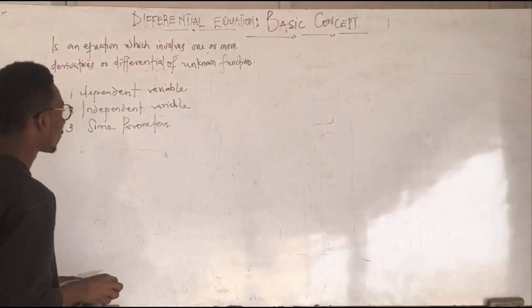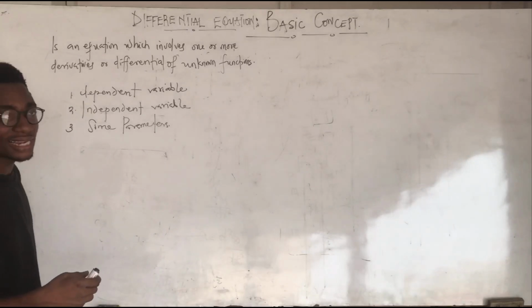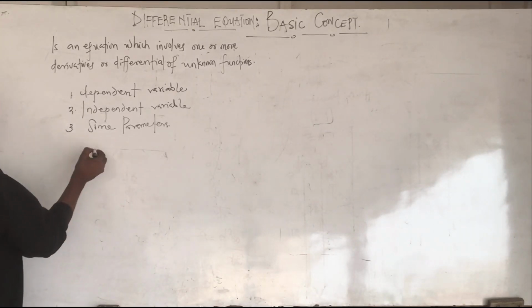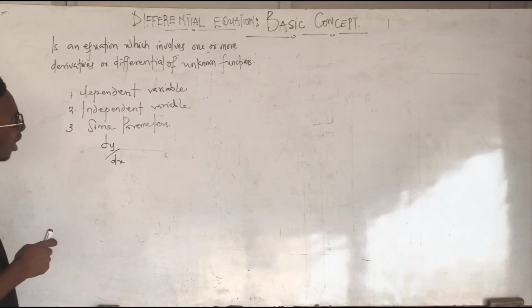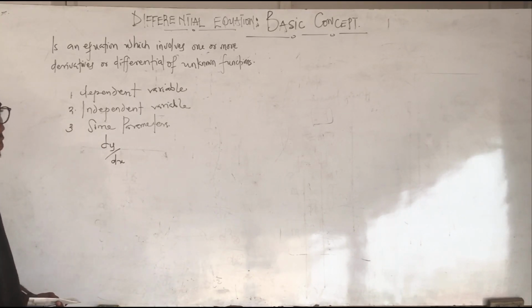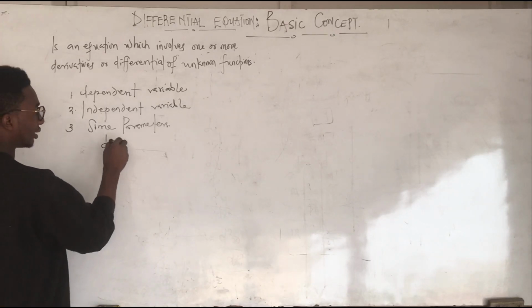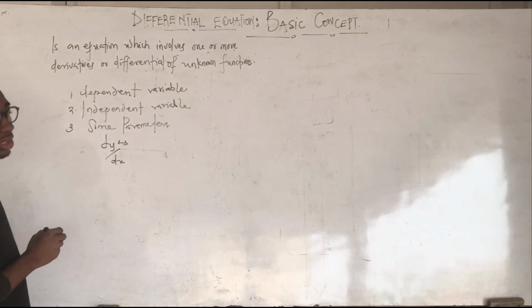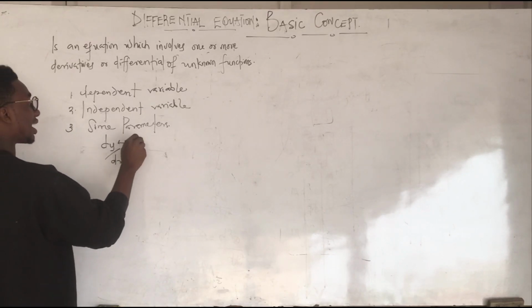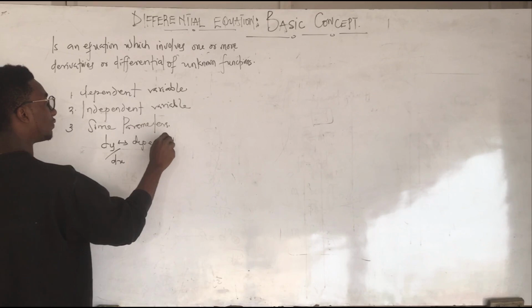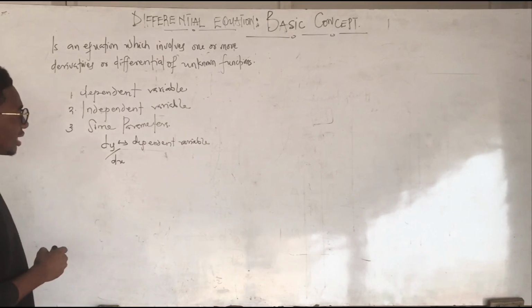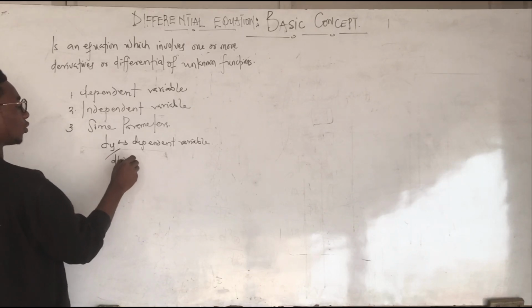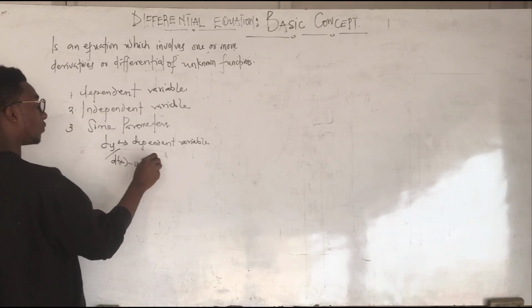Now, why do I say this? From our normal studies in secondary or high school, we always write y of x. When you have an equation of this nature, the variable in the numerator of the derivative is always the dependent variable, and the variable in the denominator of the derivative is always the independent variable.